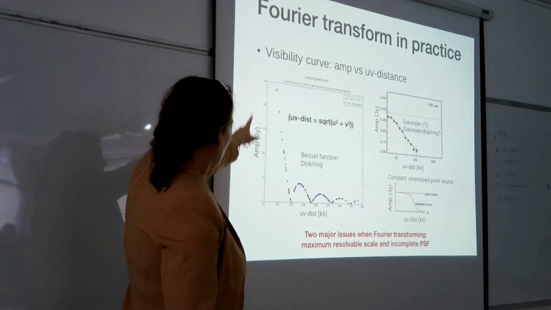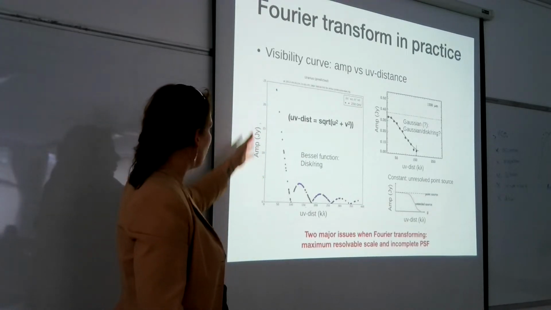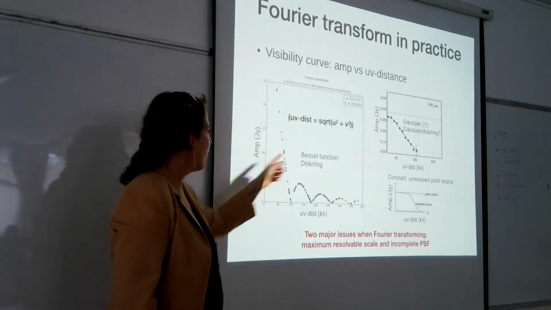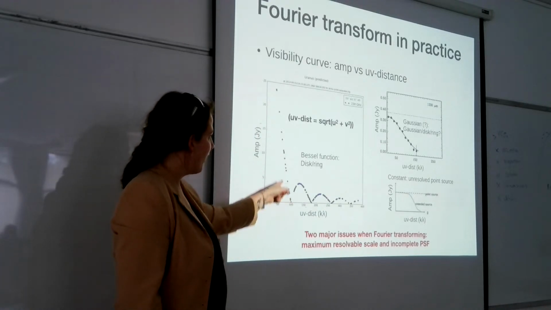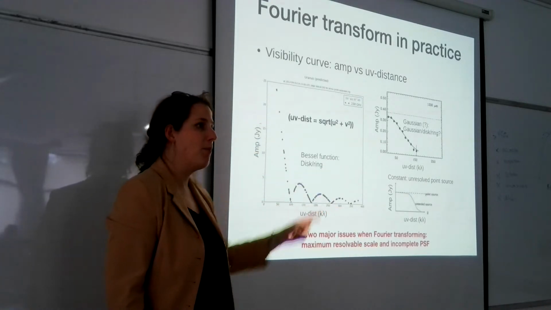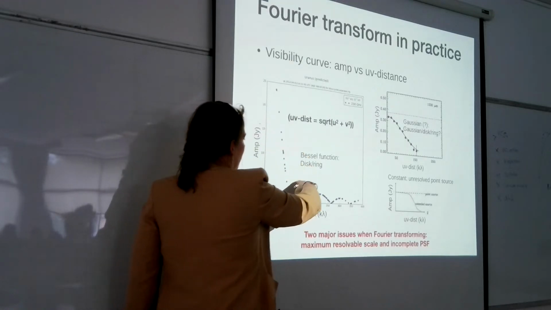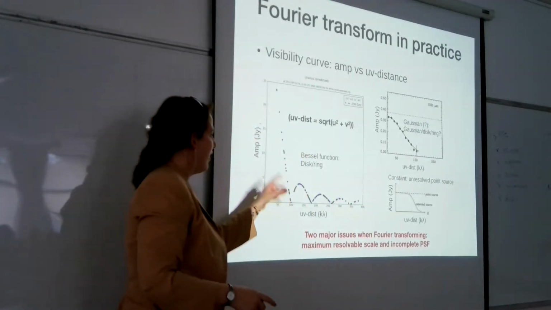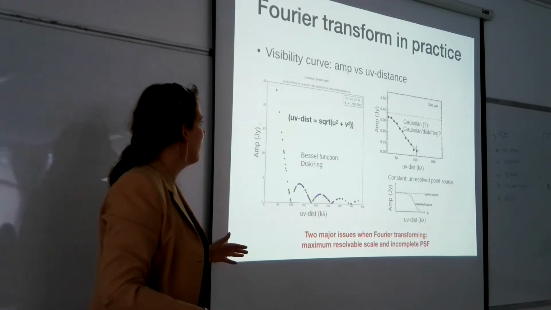So here we're always just looking at the amplitude signal as a function of UV distance. If you remember that image from the Bessel function, you hopefully recognize that this is the exact same pattern. We have something very bright in the center, it goes down to 0, and goes back up again. In 2 dimensions, this just looks like that ringing pattern.